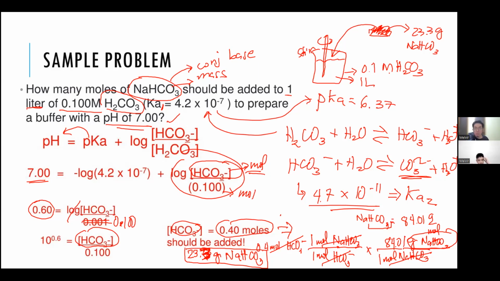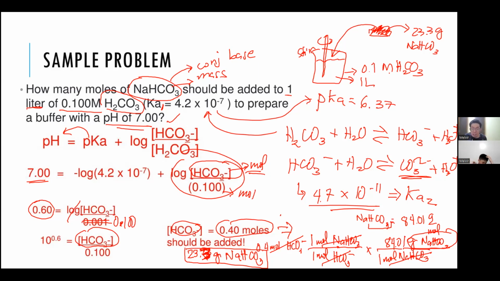Ngayon, anong gagawin mo para ma-adjust mo yung buffer pH? Maglagay ng opposite. Correct. Maglalagay ka ng strong acid or strong base, depende dun sa pH na nabuo. Compare that to your target pH.